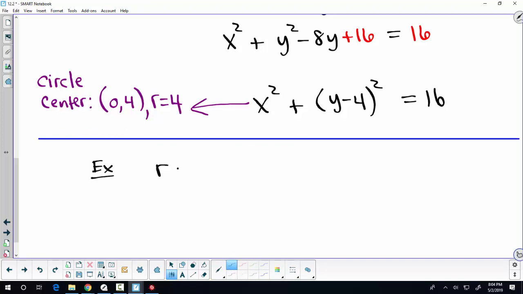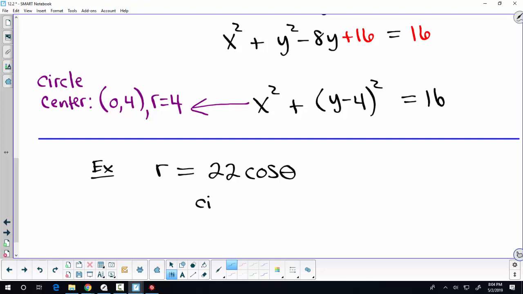So what if I had r equals 22 cosine theta? We shifted 11 to the right. Cosine is associated with x.